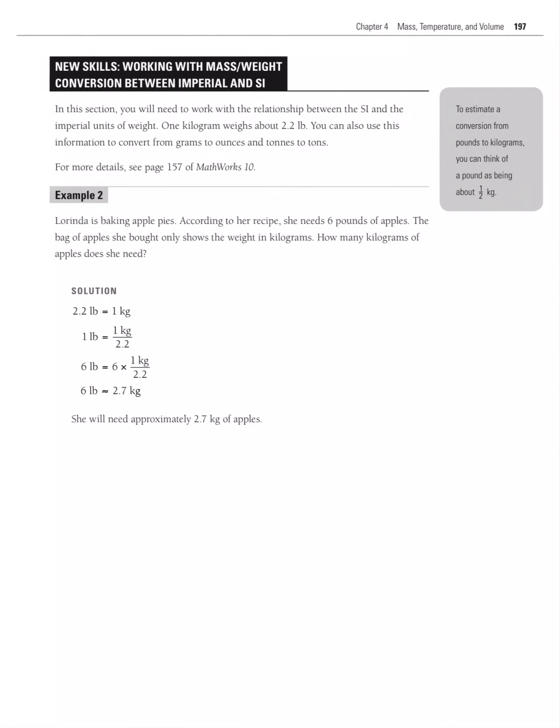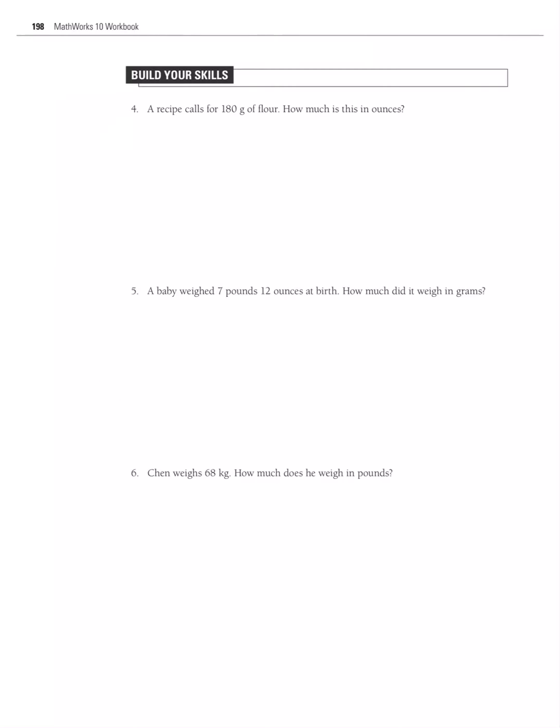All right, so now converting between imperial and international SI, so between like kilograms and pounds. So if you look at the formula sheet, there are conversions there, so we're going to use them a little bit through these next few questions, and then we'll try some on our own. So number 4 says, a recipe calls for 180 grams of flour. How much is this in ounces?